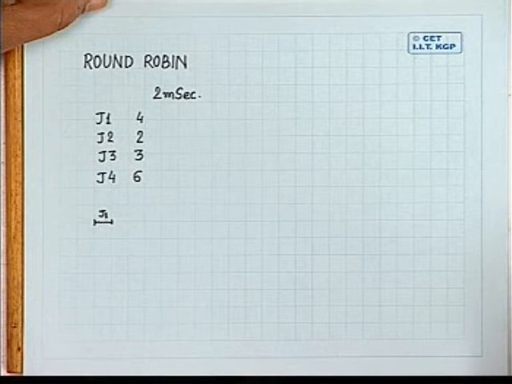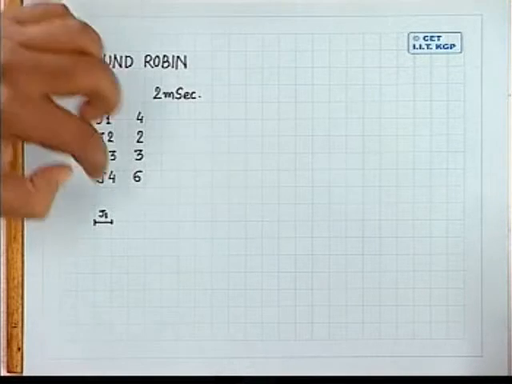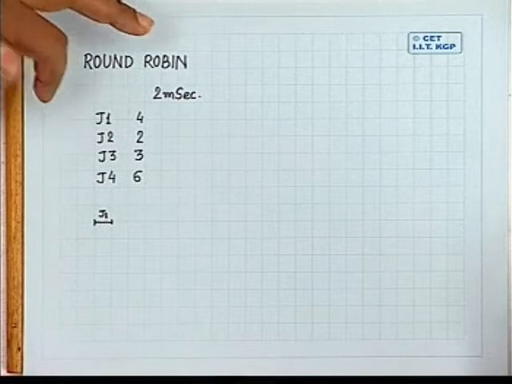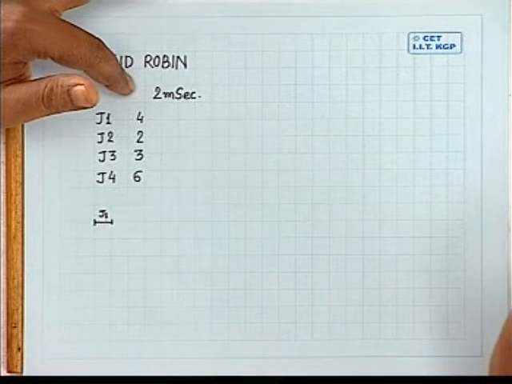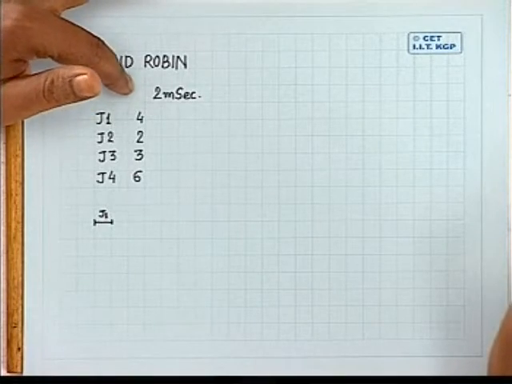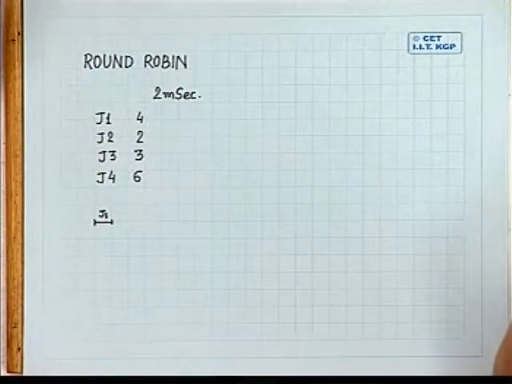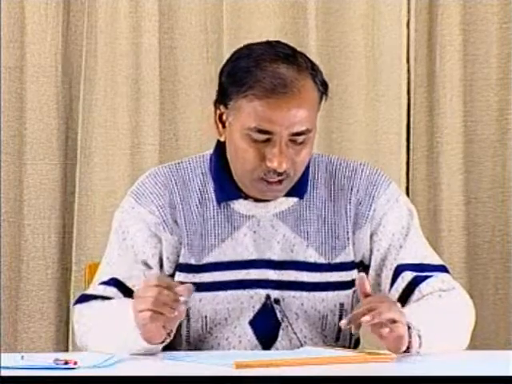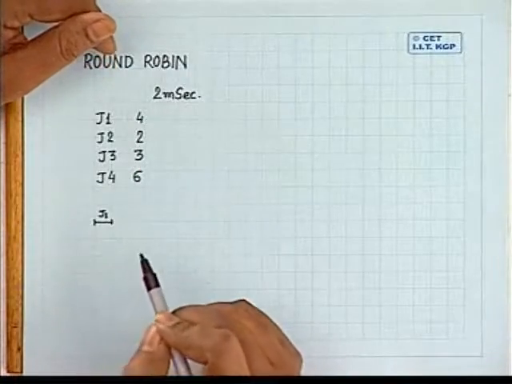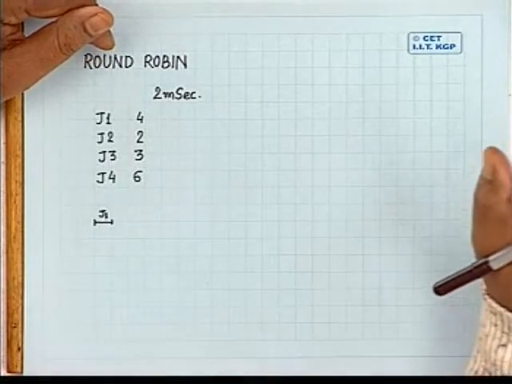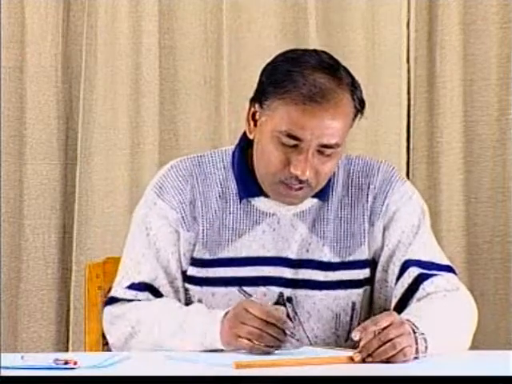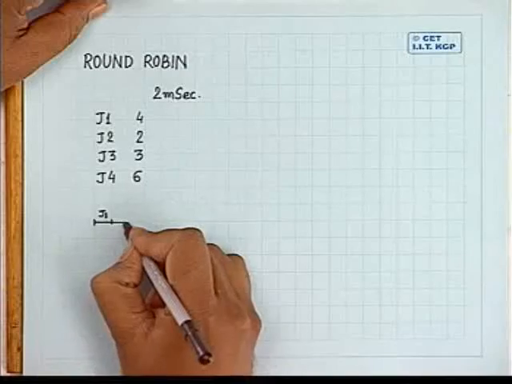After this 2 millisecond quantum, because one quantum is complete, job J1 will be forcibly terminated, though its CPU burst is not yet complete. The CPU burst time requirement is 4 milliseconds, but it has been executed for 2 milliseconds. So job J1 will be pushed back into the ready queue with the remaining CPU burst time of 2 milliseconds. Then the CPU will be given to job J2.